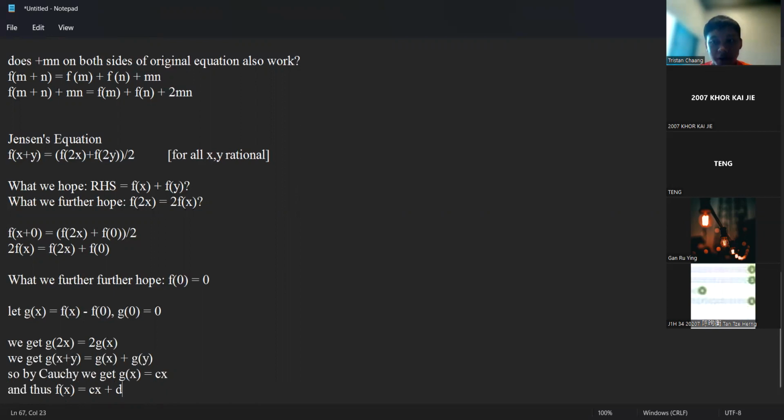There are many ways to motivate us to substitute g equals f minus f(0). Another motivation is you start to guess the solutions, and you find out that any linear function works, like ax plus b. So you cannot just hope to transform it into a Cauchy equation. You have to shift it so that it becomes a Cauchy equation.